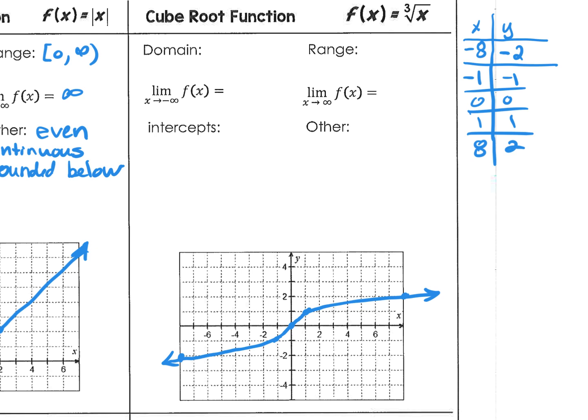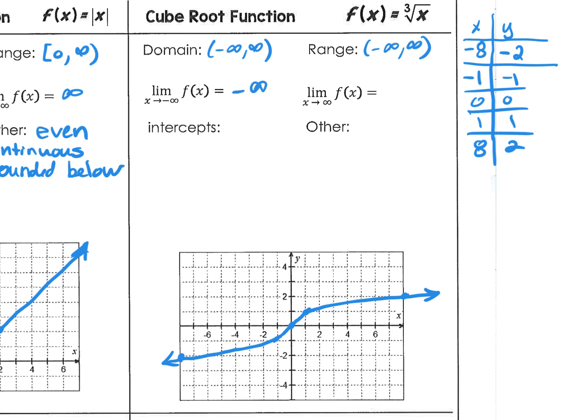All right, so we know what's its domain. Left to right, what's it doing? Range. Up and down, what is it doing? Real numbers. End behavior. To the left, where's it going?